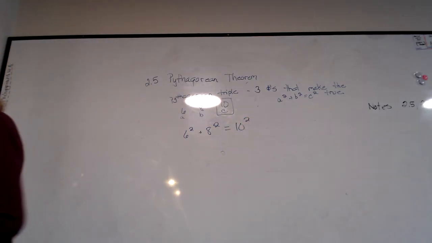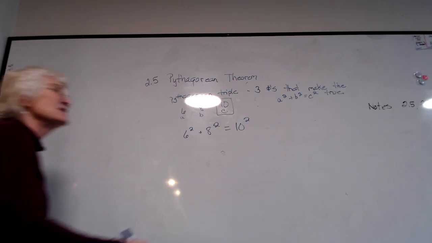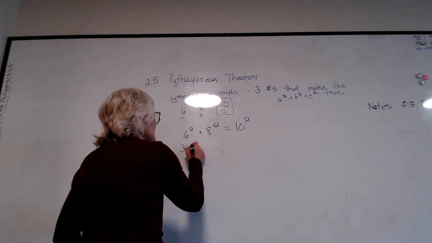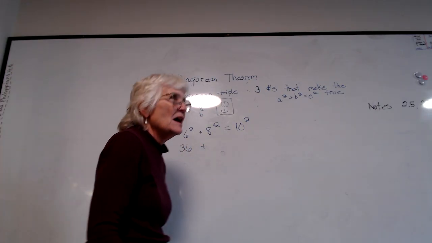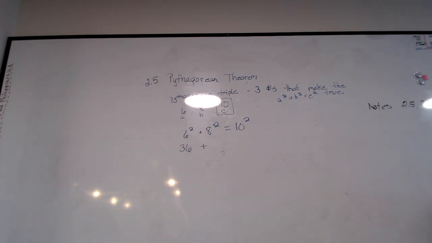Okay, Hayden, what is 6 squared? 36. It is 36, because 6 times 6 is 36. Ezekiel, what is 8 squared? That's 8 times 8. What does that equal? Okay, you guys need to learn your multiplication tables.